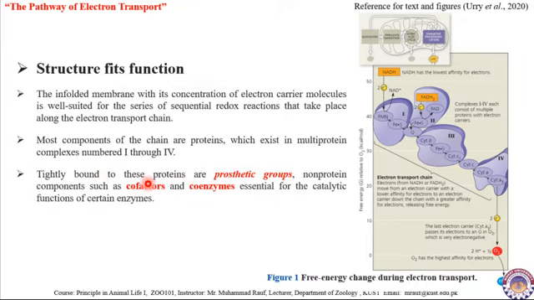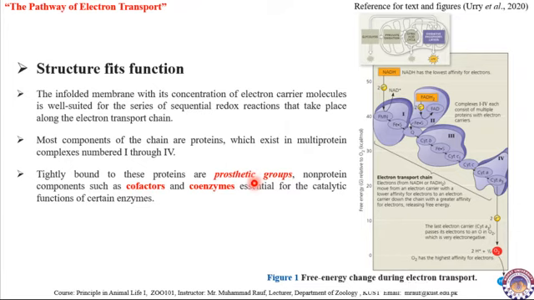Tightly bound to these proteins are prosthetic groups. They are the multi-protein complexes, and to those multi-protein complexes are attached prosthetic groups. What is a prosthetic group? A prosthetic group is a tightly bound, specific, non-polypeptide unit, and it is required for the biological function of some proteins.